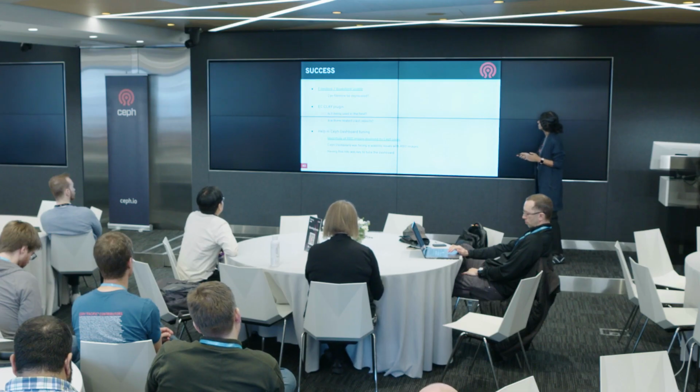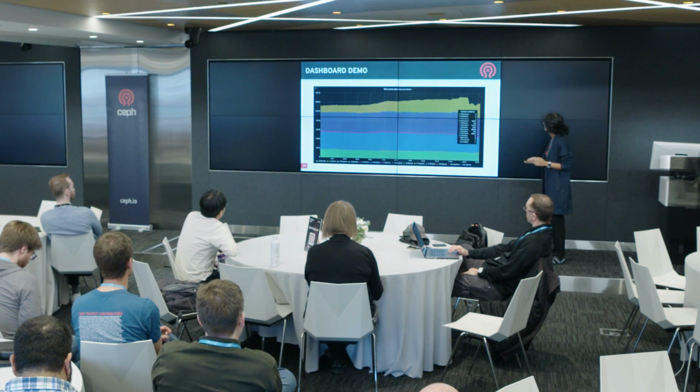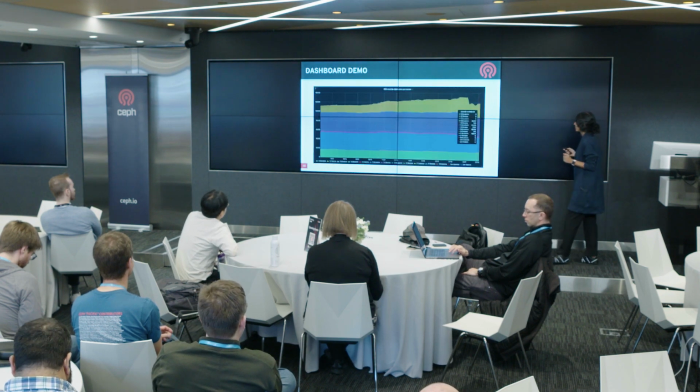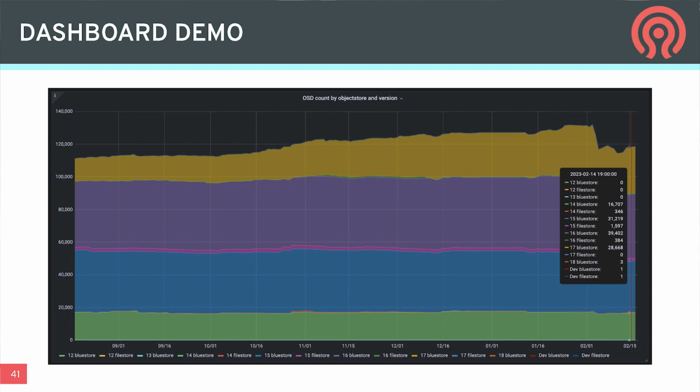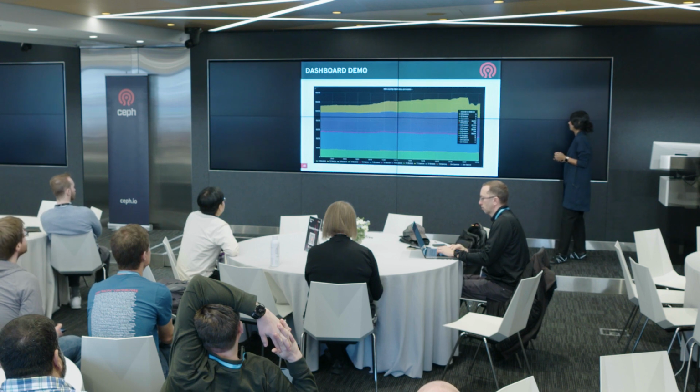We had a full dashboard that has a lot of analysis of what we see in the wild for the breakdown of FileStore versus BlueStore usage, and we saw that it is pretty safe to announce that FileStore is being deprecated.